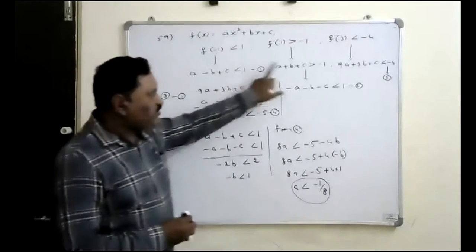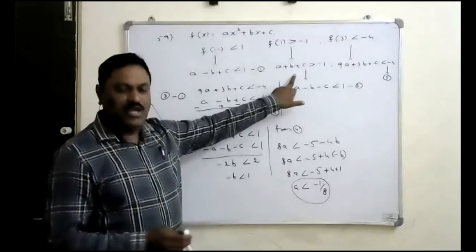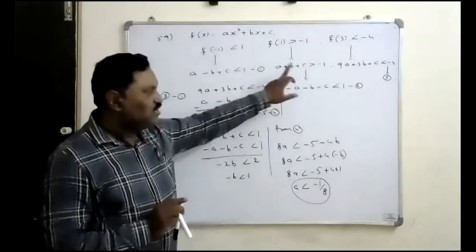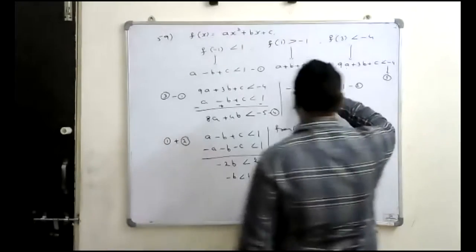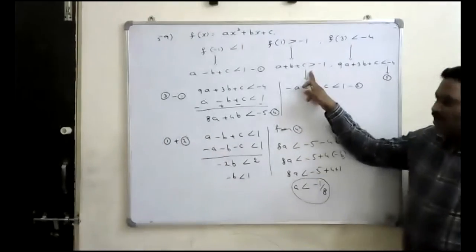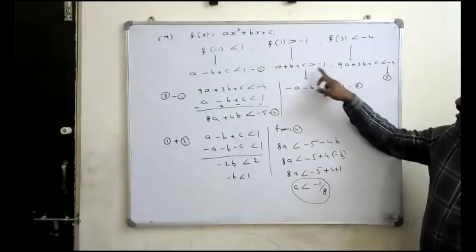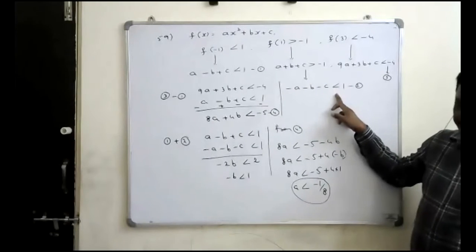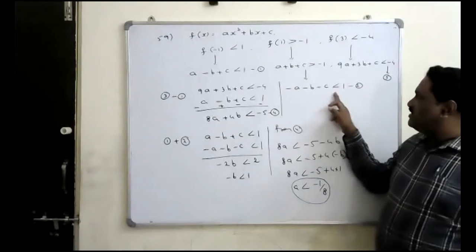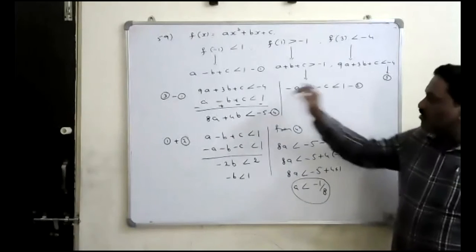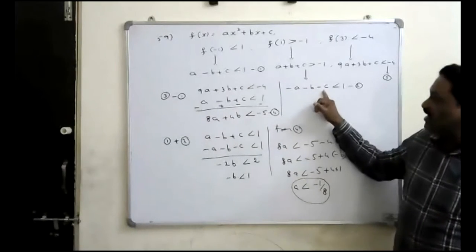Similarly, I will take these two inequations also, and eliminate the c from this. But here the greater than symbol is there. That's why I will multiply by the minus sign, then the greater than becomes less than: minus a minus b minus c less than 1. Now here we have plus c and here minus c.